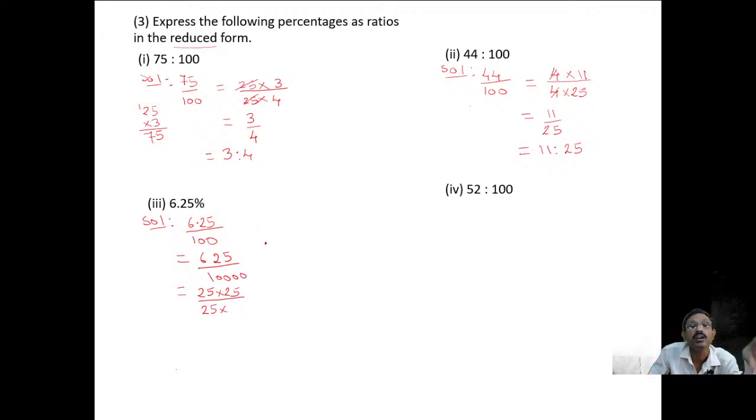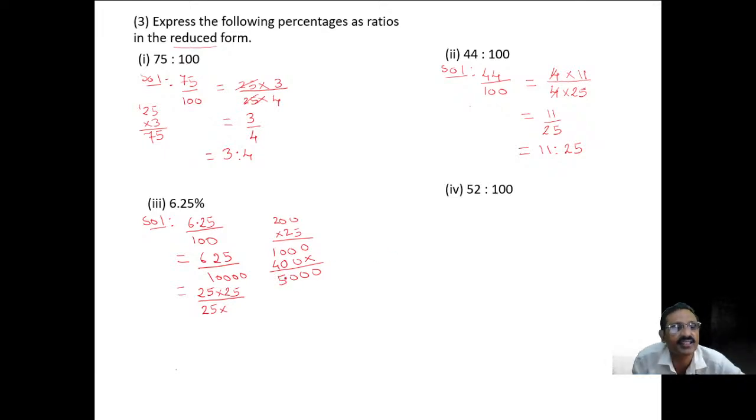Let me see with 200 into 25. 5 zeros are 0, 5 zeros are 0, 5 twos are 10. Here 2 zeros are 0, 2 zeros are 0, 2 twos are 4. You get 0, 0, 0, 5. Now check this and what you have here. Check both of them. This is a single and you're getting a double over here.